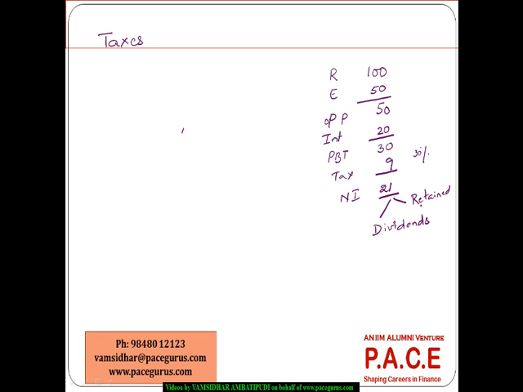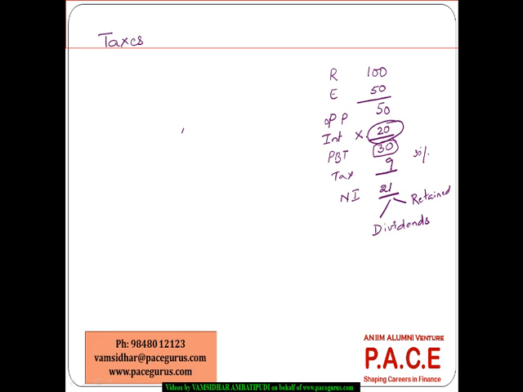But what we need to understand here is the interest portion is reducing the tax that needs to be paid, because it is looking as if I'm deducting 20 here, it is becoming 30, and tax is applicable only on 30.